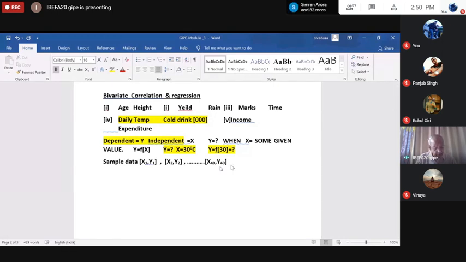The sample data is called bivariate data. So bivariate data is an ordered pair of data selected in the sample for the variables x and y.